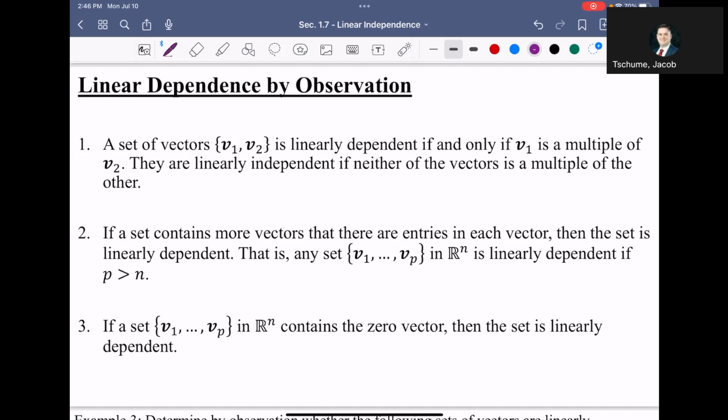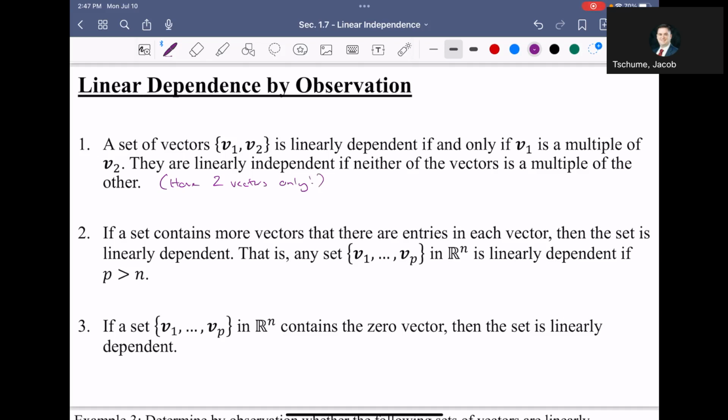So this essentially says that if you have 2 vectors only, if they are multiples of each other, they are linearly dependent. If they are not multiples of each other, they are linearly independent. It's that simple. But you can only use this rule if there are 2 vectors only. If you have more than 2 vectors, shortcut rule 1 will not work.